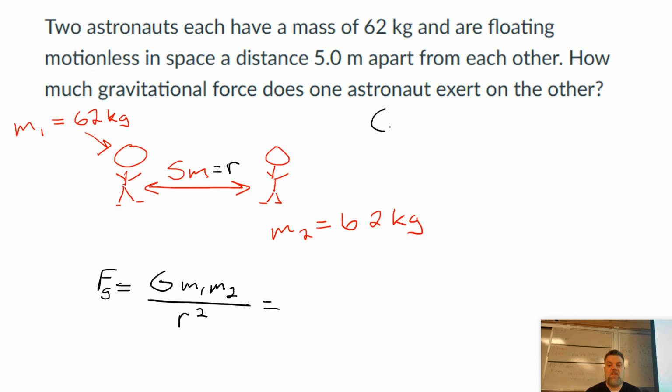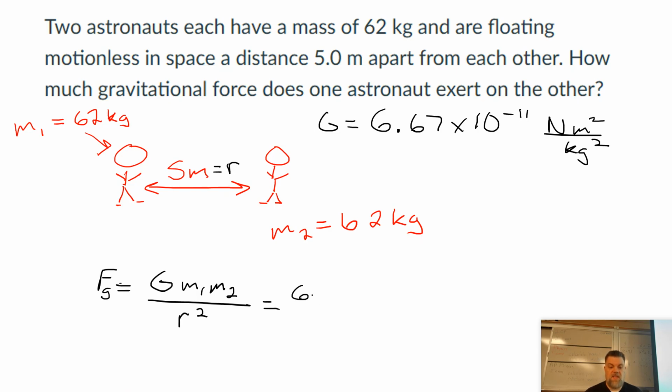Now remember that the gravitational constant, let me write this down. Capital G, the gravitational constant, is 6.67 times 10 to the negative 11, and the units are a little wonky: Newton meters squared over kilograms squared.